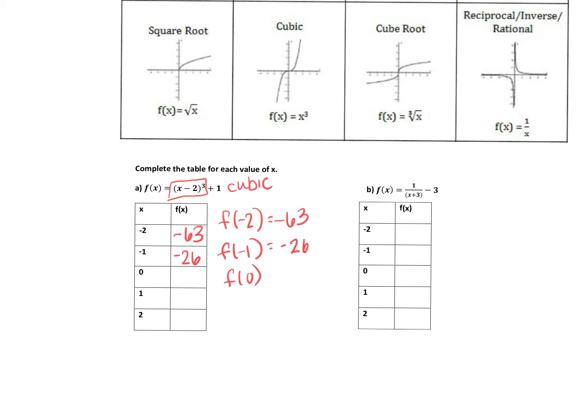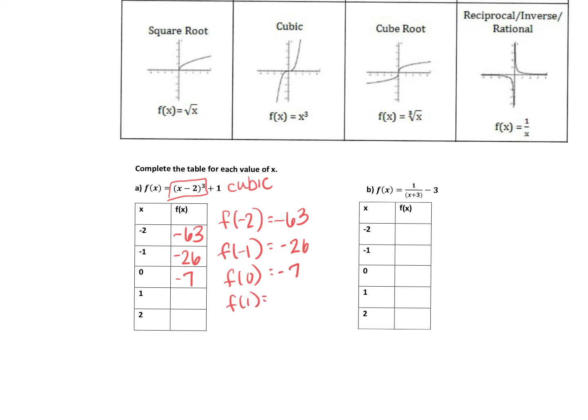F of 0, well, 0 minus 2 is -2. -2 cubed means -2 times -2 times -2. That's -8. Plus 1 is -7. Then we have f of 1.